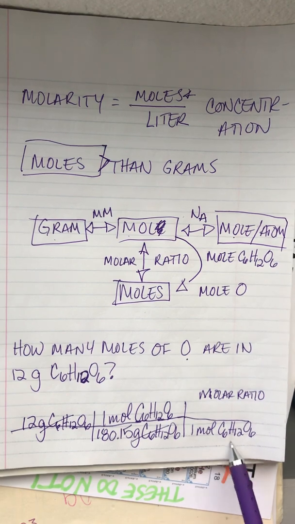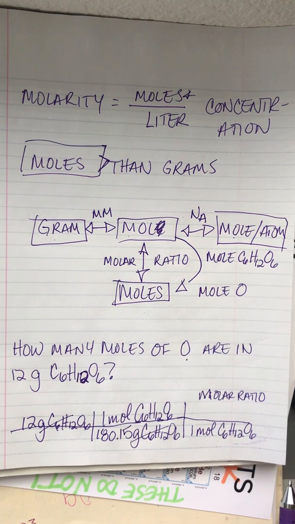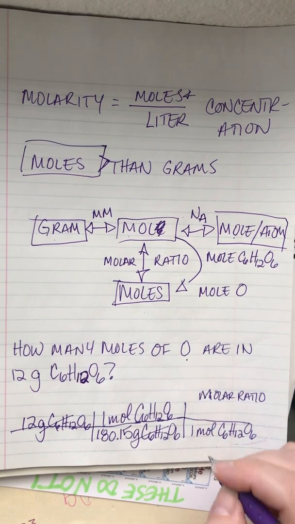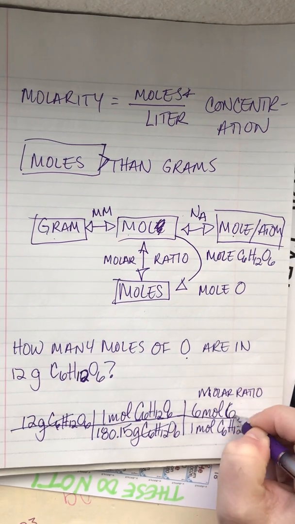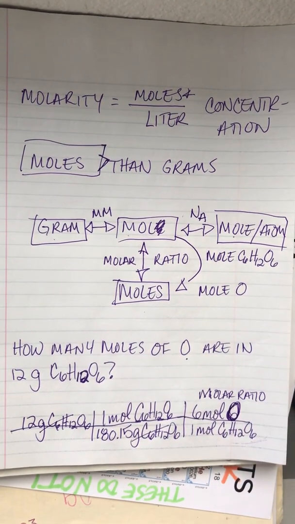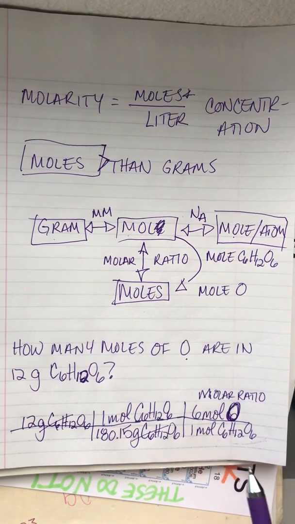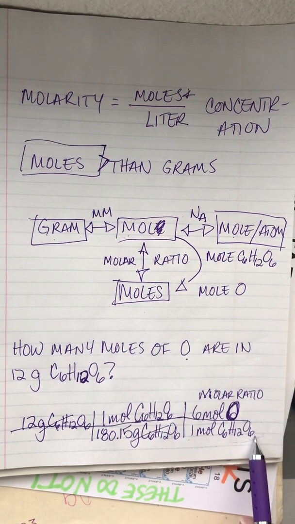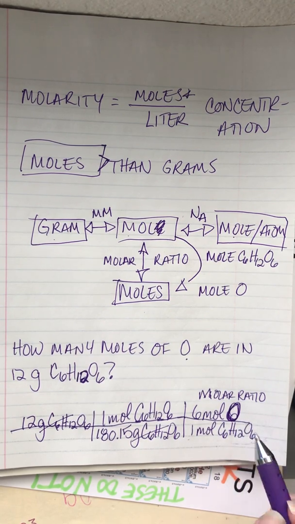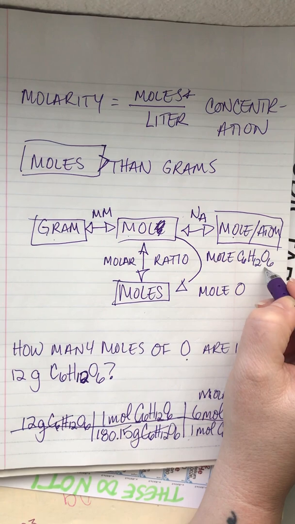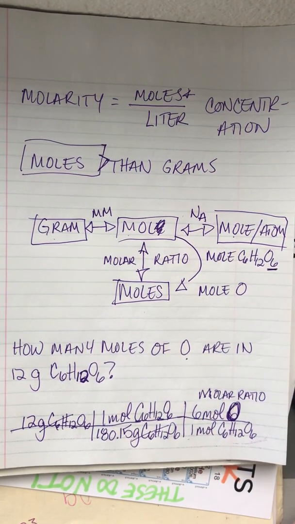For every one of these guys, how many oxygens do you have? 6. 6, exactly. Sorry, I just really like the number 6 today, you guys. So for every 1 mole of glucose, we have 6 moles of oxygen. So the molar ratio in this case comes from the chemical formula.